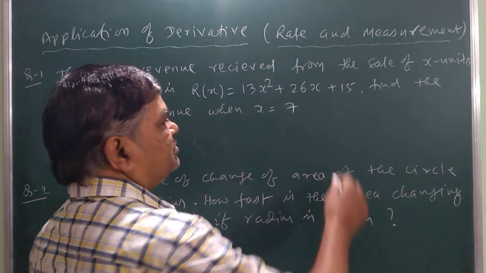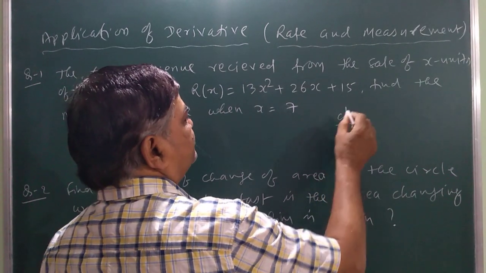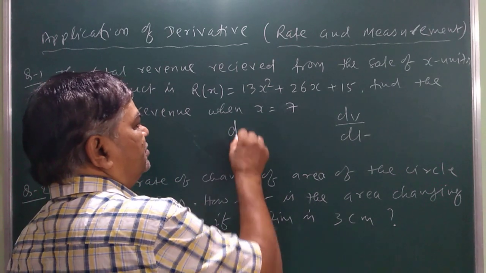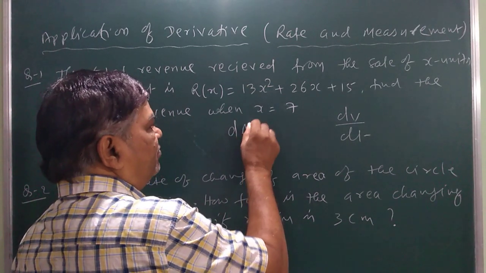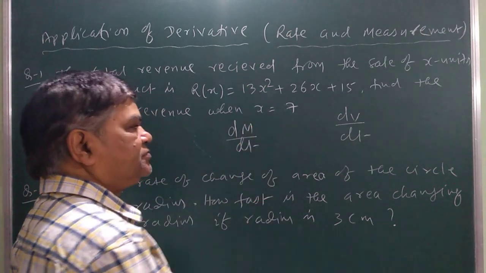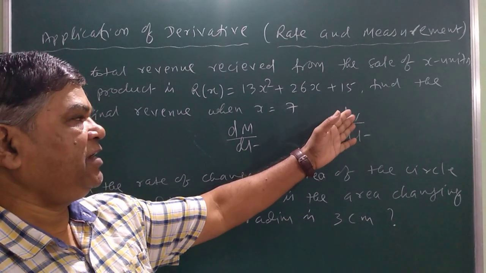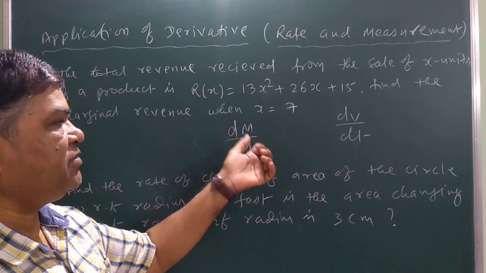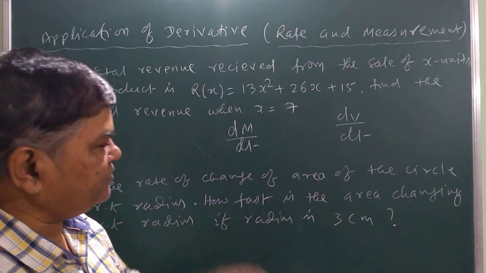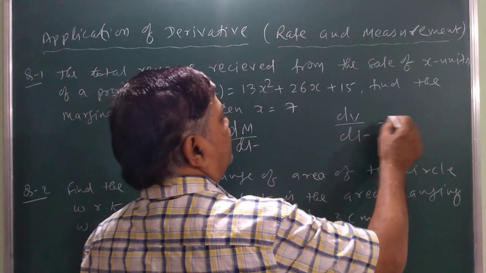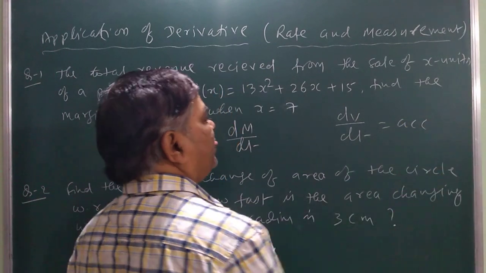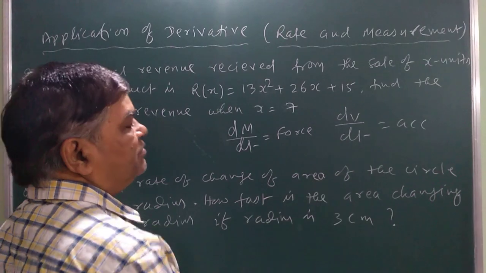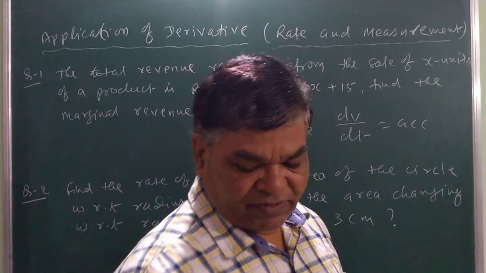As we know, the derivative of velocity with respect to time and the derivative of momentum with respect to time are known as the rate of change of velocity and the rate of change of momentum. The quantities of these are acceleration and force in the field of physics.